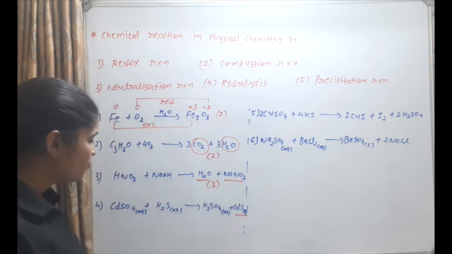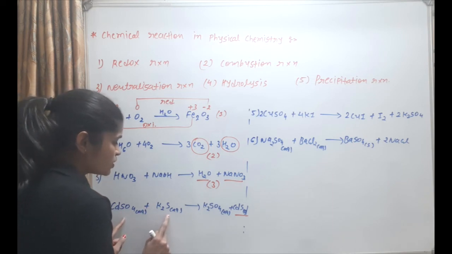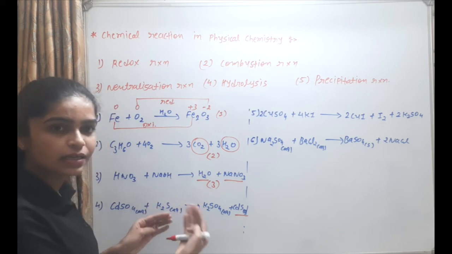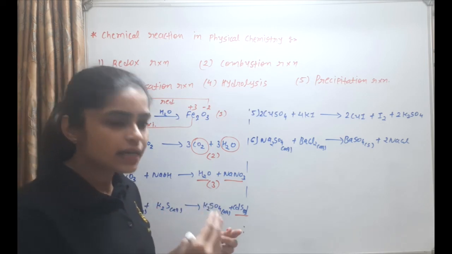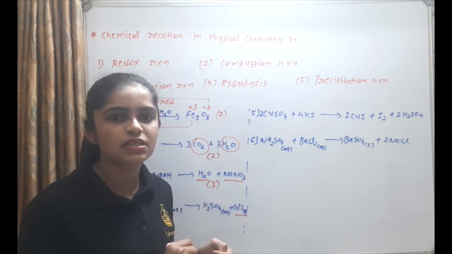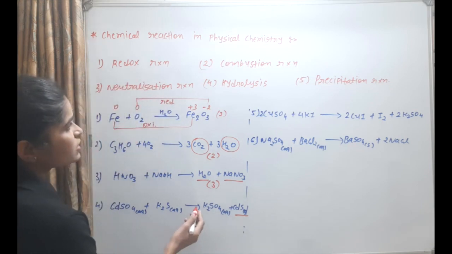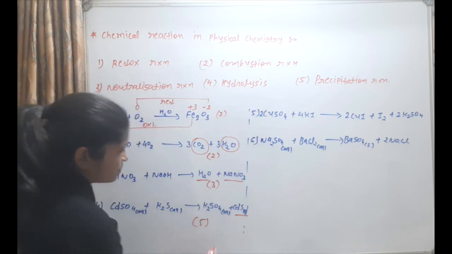We know that when both soluble salts, K2S and CdSO4, are mixed together and give an insoluble salt, the reaction is known as the precipitation reaction. So this reaction is the precipitation reaction.